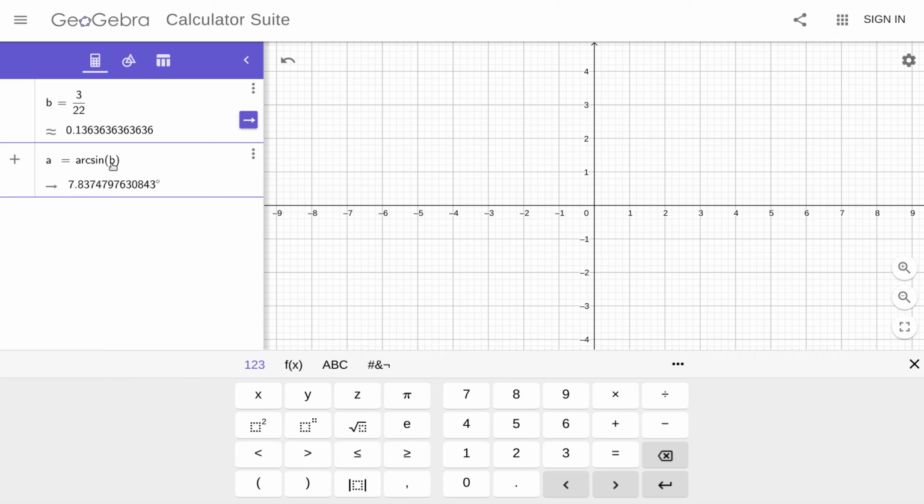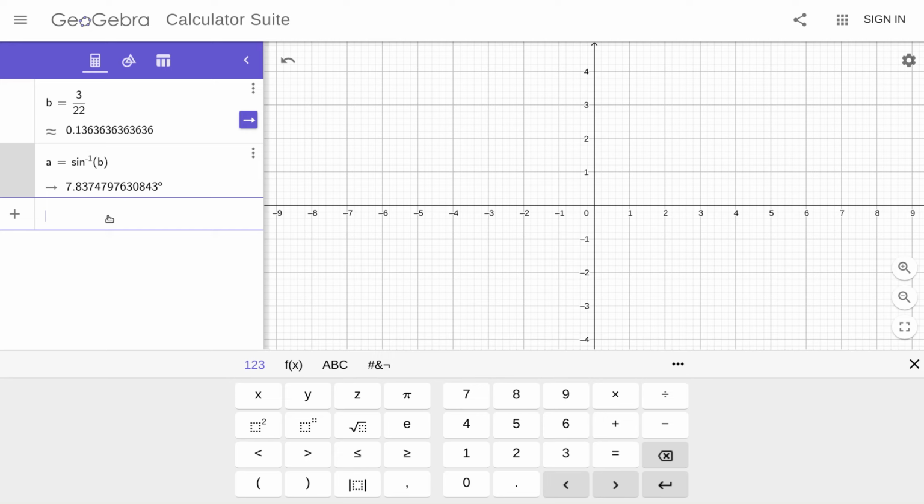It gives us the answer, and it tells us that the answer is in degrees, and that's very important because there's more than one way to measure angles. One way is in degrees, and one way is in something called radians. In this course, we are not studying radians, so you don't have to worry about radians. So it's very important though that it's in degrees. So there we go. That's going to be our answer then, 7.8. I'm going to round it to a tenth there. So 7.8 degrees is going to be our angle of depression.